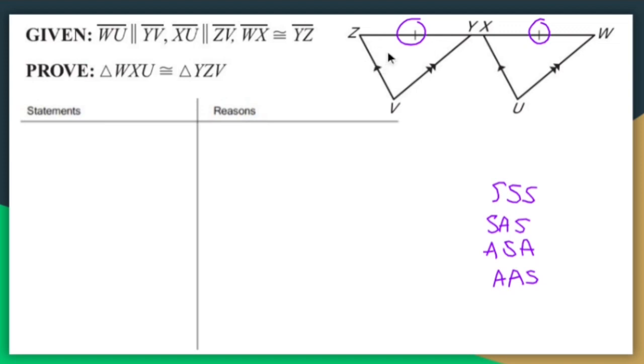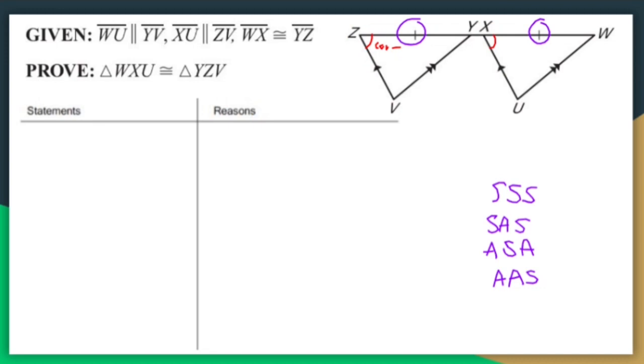No, I don't want that here because that's not really what's going to help me. What I'm going to have is, since ZV and XU are parallel, this acts as a transversal. These two correspond with each other.